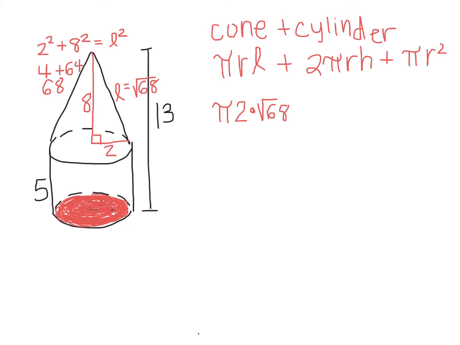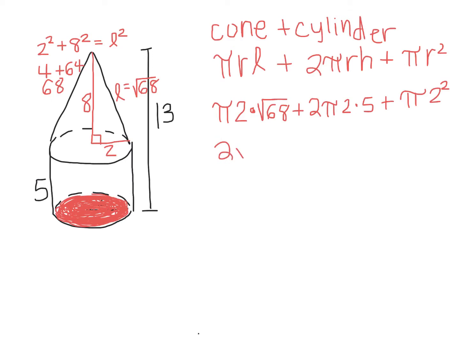And now let's add the information from my cylinder. I have 2 pi, my radius, which is 2, and the height of just the cylinder part is 5, plus pi r squared for that one circle base at the bottom, so that's 2 squared. Now let me see if I can simplify this a little bit further.